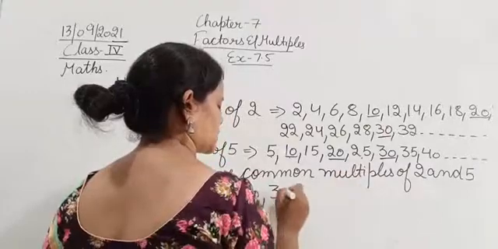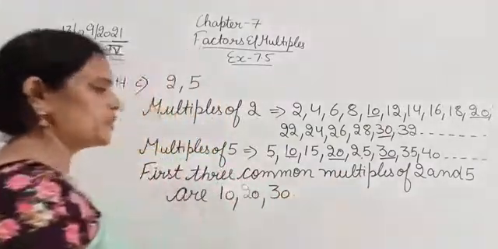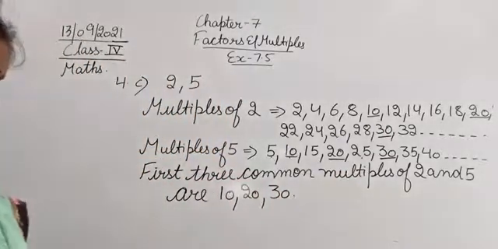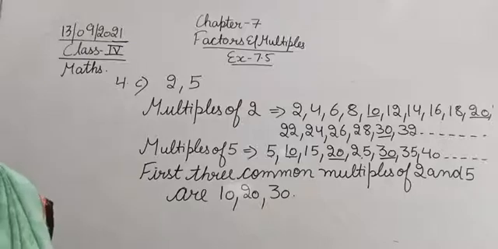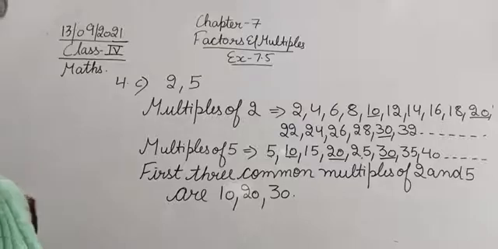So the first 3 common multiples of 2 and 5 are 10, 20 and 30. Done? This is the solution of the C part of question number 4. You can pause it here and note it down in your notebooks.